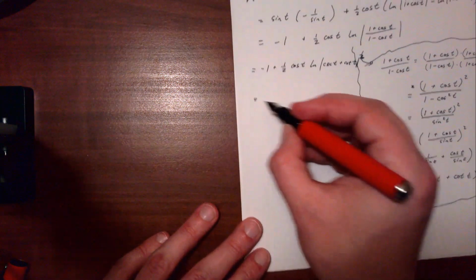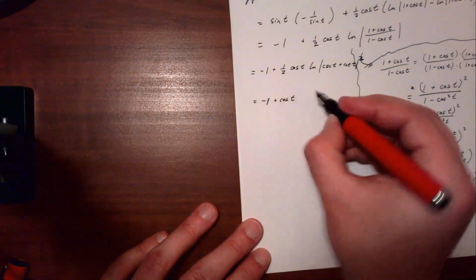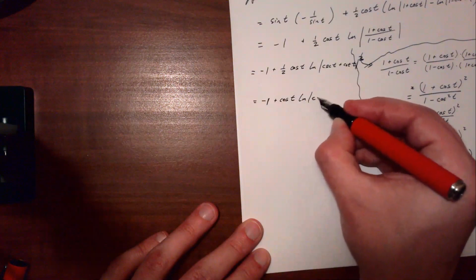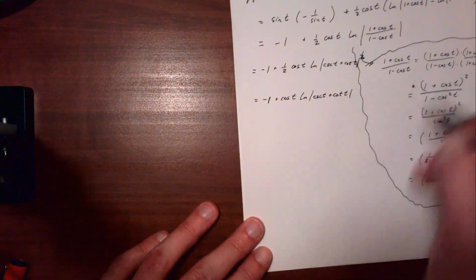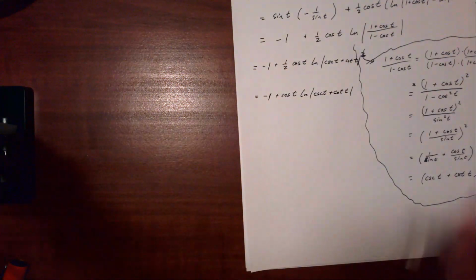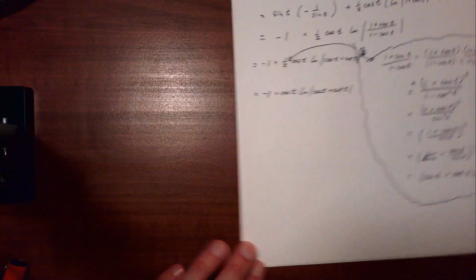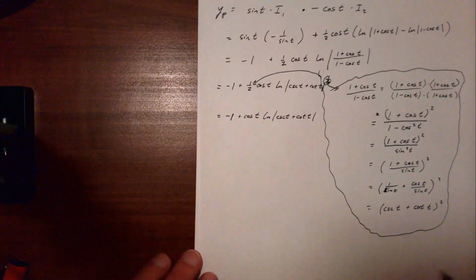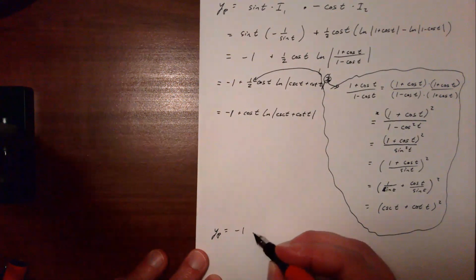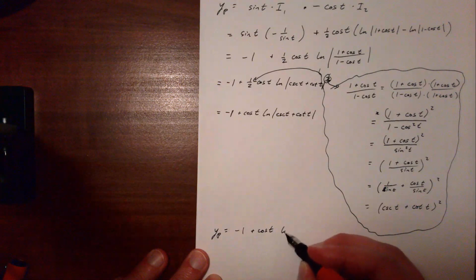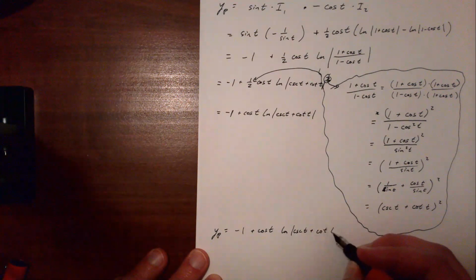And this gives us equals -1 plus cosine t, natural log, absolute value, cosecant t plus cotangent t, and now the square gets canceled. Alright, so that will be our particular solution. So then yp equals that, -1 plus cosine t, natural log, absolute value, cosecant t plus cotangent t.